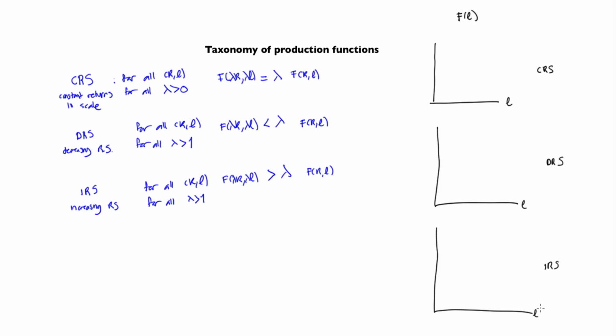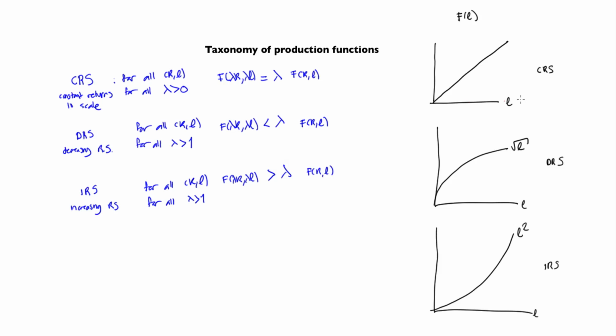So one that satisfies constant returns to scale is going to be basically some sort of line through the origin. One that satisfies decreasing returns to scale is going to be a function like this, let's say square root of L, for example. And one that satisfies increasing returns to scale, it may be something like this, let's say L squared.